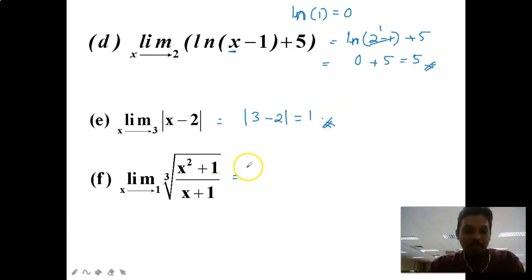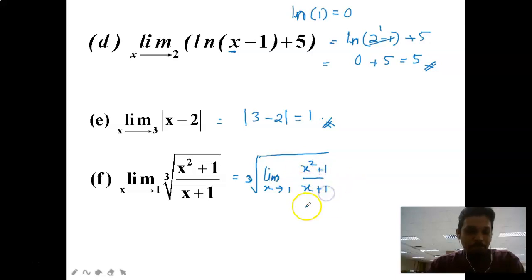And here we come out with the cube root of the limit as x approaches 1 of x squared plus 1 divided by x plus 1.